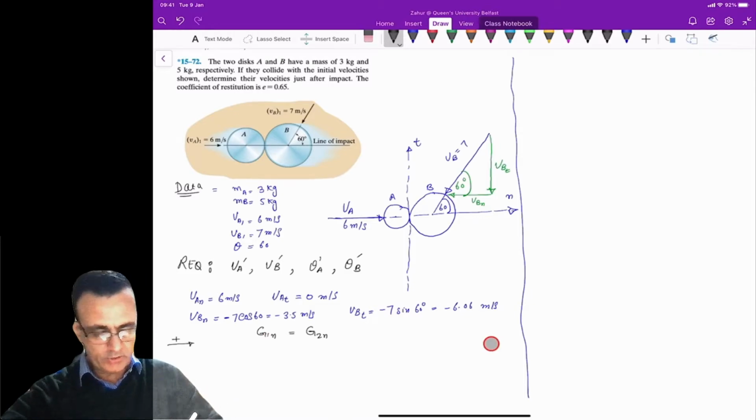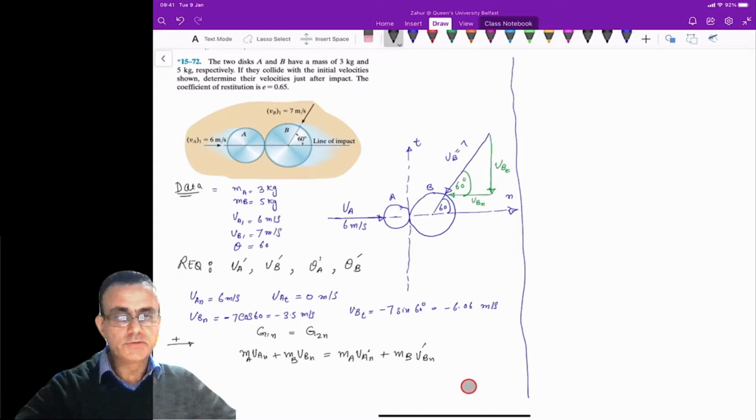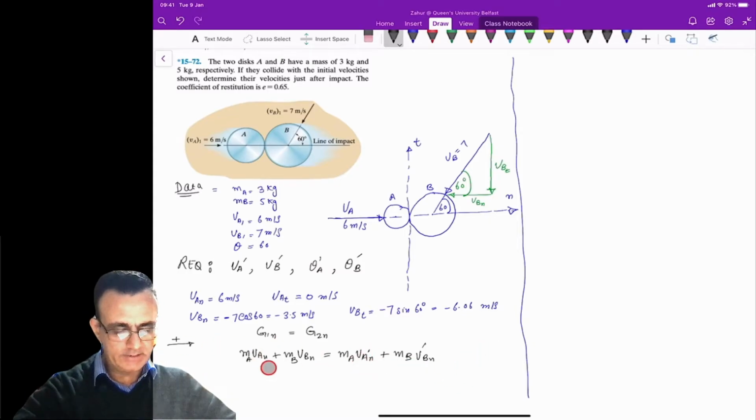So in the normal direction, we have MA VAN plus MB VBN equal to MA VAN dash plus MB VBN dash. This equation is only applicable in the n direction here.